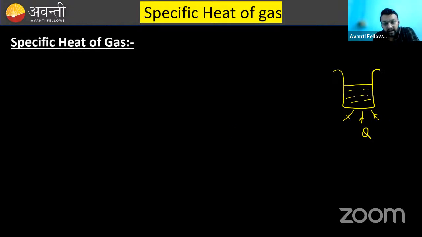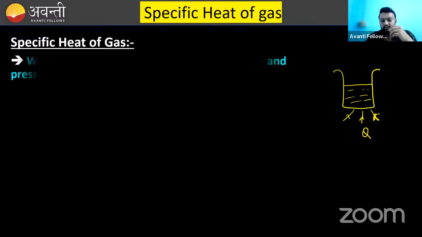So the heat required to raise the temperature by 1 Kelvin may also depend on the conditions of pressure and volume. That means heat required to raise the temperature by 1 Kelvin is not going to be the same, because it depends on the conditions of pressure and volume as well.